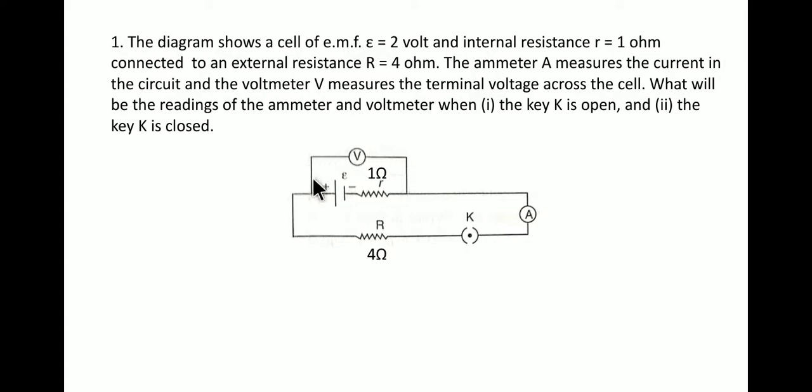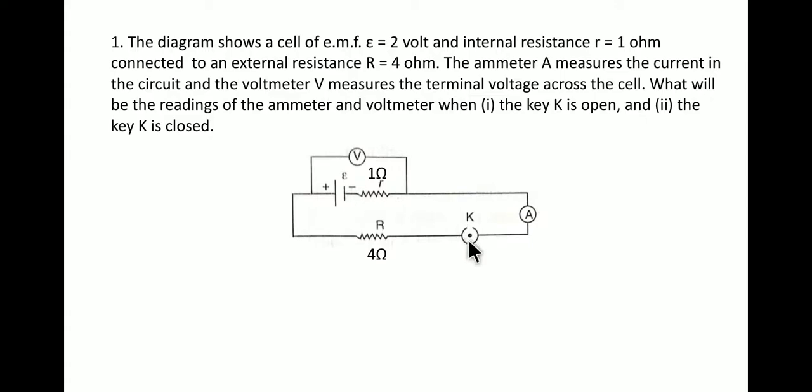Now when the current will start flowing from the positive terminal, the key has to be kept on. If the key is on, that is, it is closed, then the current will start flowing and it will pass through the ammeter and again reach the negative terminal of the cell.